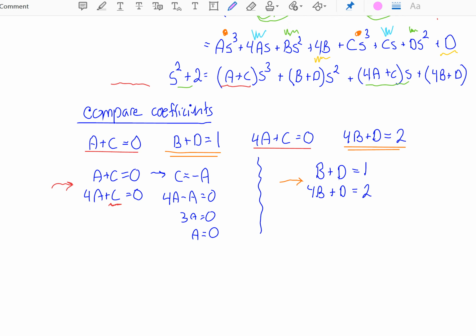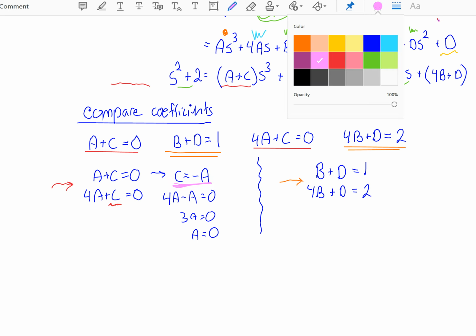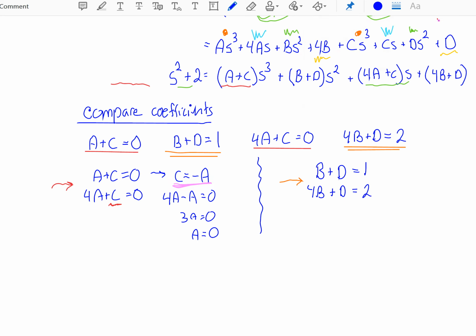But if a has to be 0, then c has to be 0 also. So from our original partial fraction decomposition, we now know a and c are both 0.